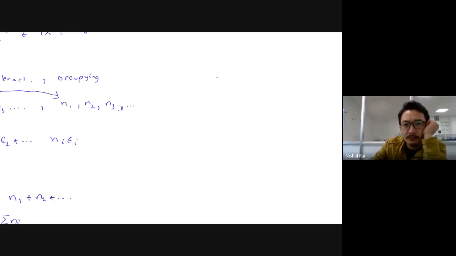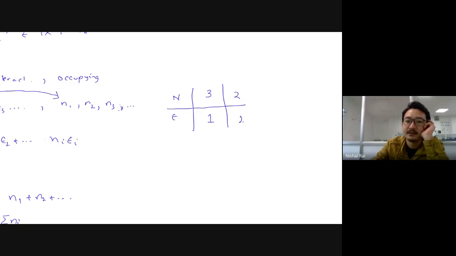Let's say there are 3 particles having energy 1 joule. Then let's say 2 particles having energy 2. Now what is your total energy?